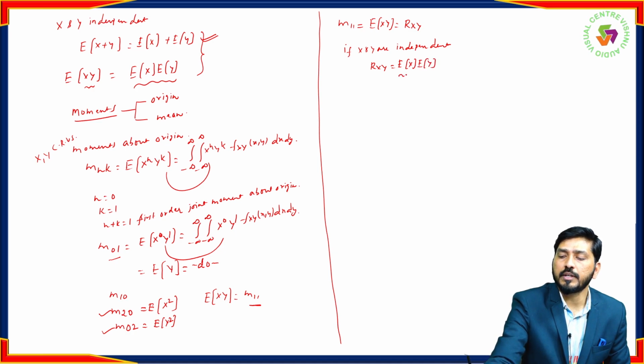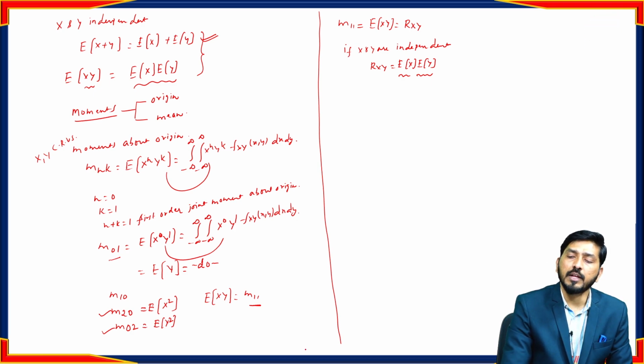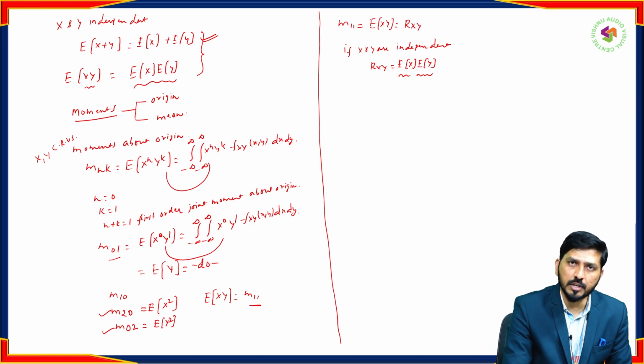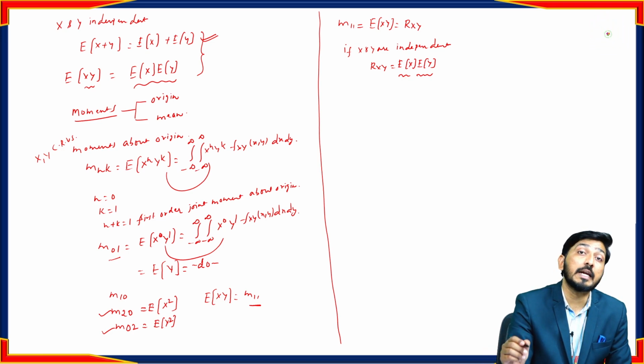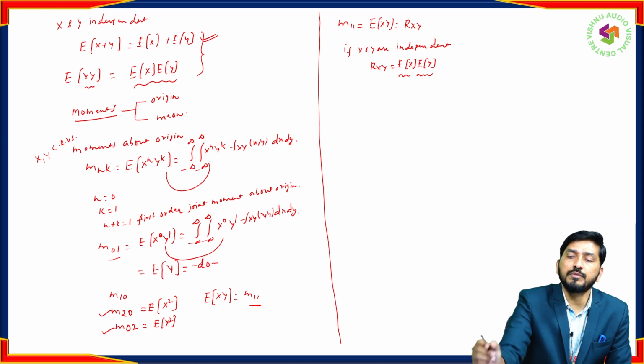This is written so because x and y are independent, and for that purpose, before entering into operations on multiple random variables, I introduced the basic concept of statistical independence, which is useful here.